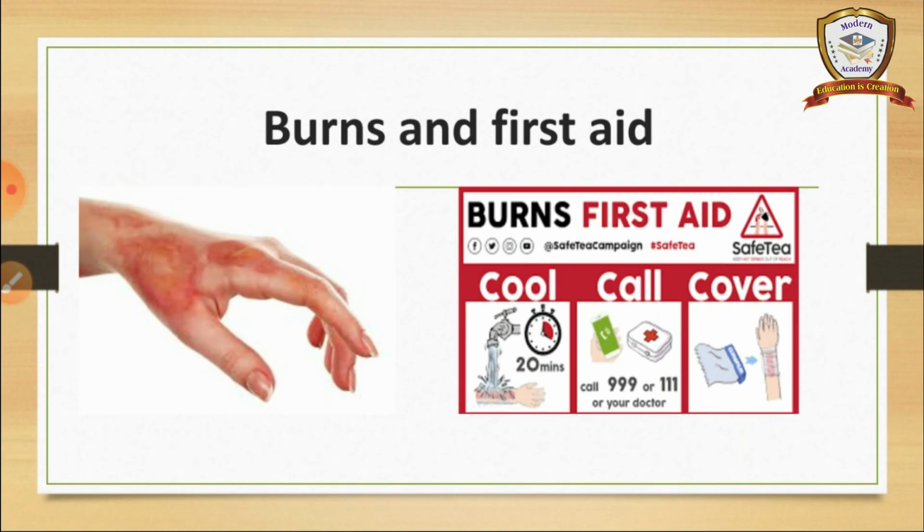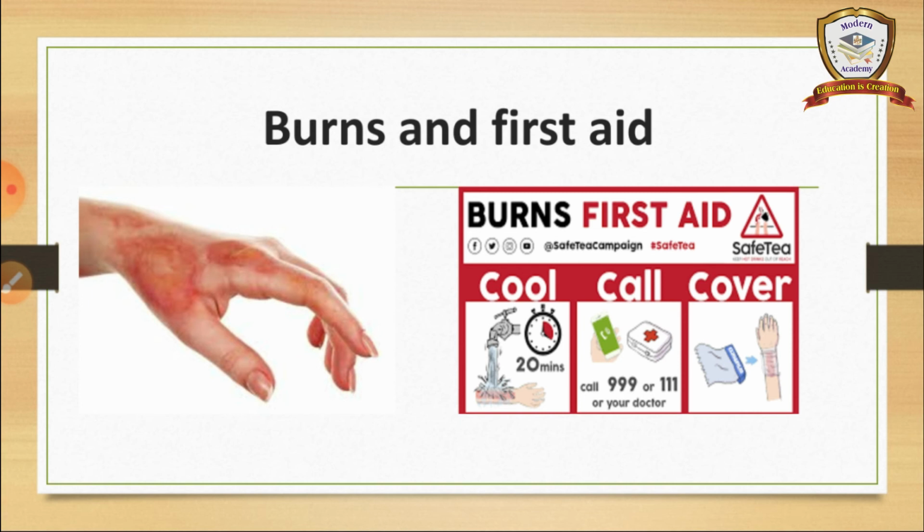And what are burns, and what first aid can be done for them? Burns are nothing but damaged tissue. The tissue is damaged because of heat, chemical reaction, electricity, and sunlight. There are first degree, second degree, and third degree burns.